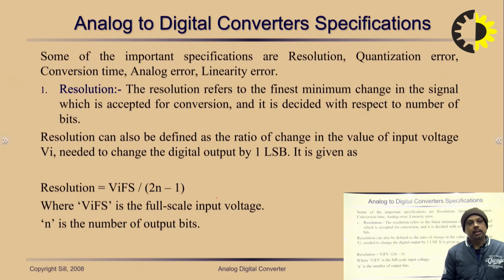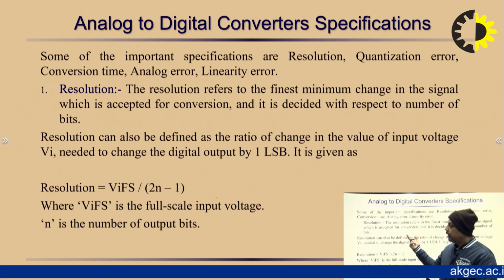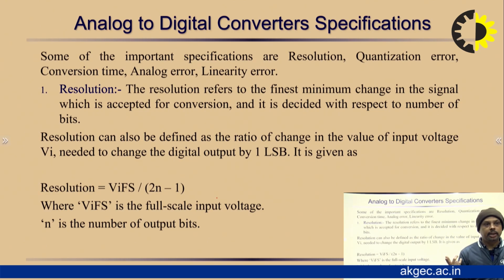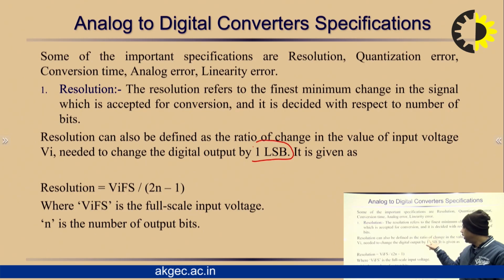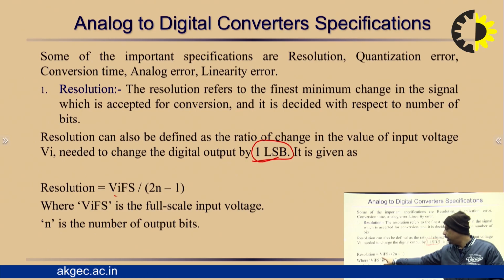And again, there are some specifications of the analog to digital converter, that is resolution. In this case, it is the opposite of the previous one, that is the minimum analog input voltage required so that it can produce a 1 LSB change in the output. So it is again V full scale value upon 2 to the power n.